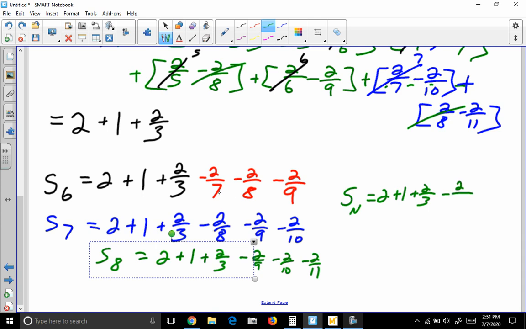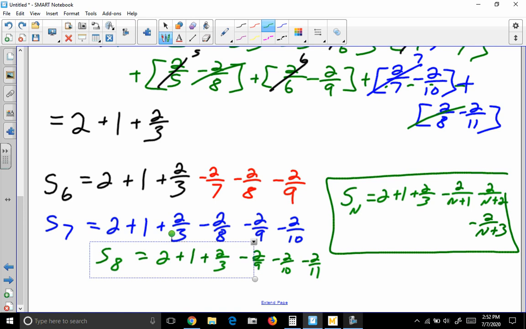This denominator is 1 more than n. This denominator is 1 more than n, and so is this one. So 1 more than n would be n plus 1. This one is 2 more than n, so n plus 2, and that one is 3 more. So this formula gives us our nth partial sum.